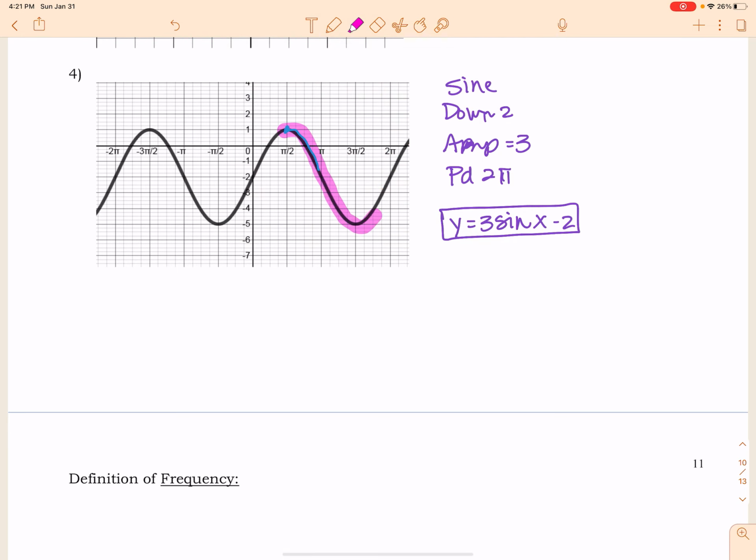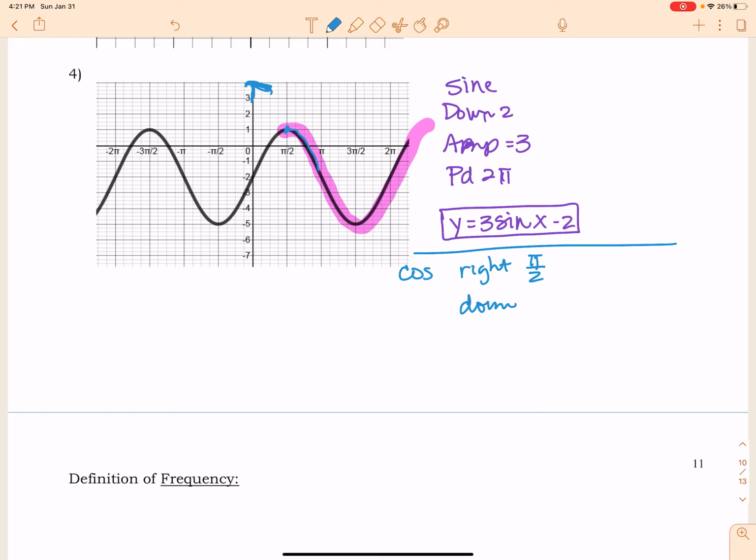So here, this would be one full cycle, right? Okay, so clearly what has happened here is the cosine function has moved to the right, because normally doesn't it occur up here? So it's moved to the right. And how far has it moved to the right? It has moved to the right pi over 2. But it has also moved down.